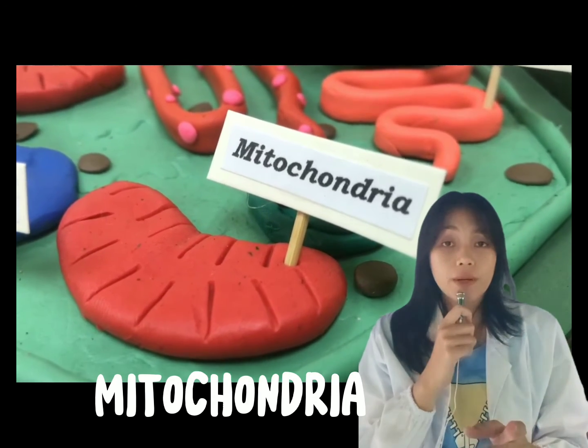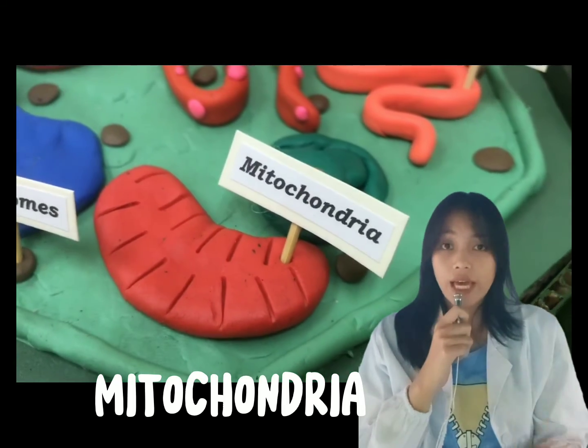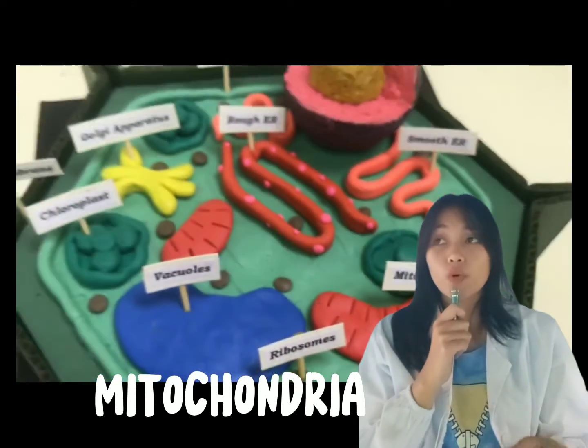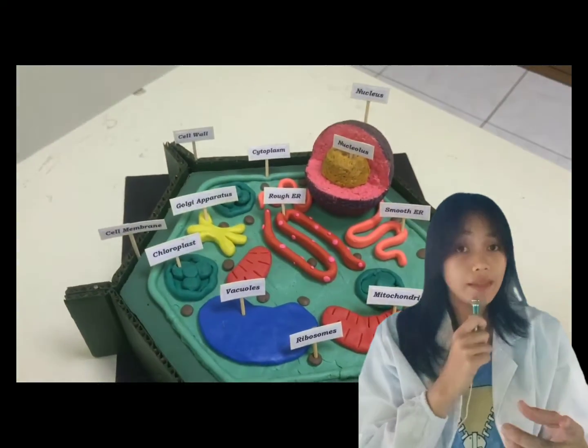Hindi lamang energy ang kayang i-provide ni mitochondria, but it also plays an important role in programmed cell death, na kung saan ang mga cells na nag-act abnormally ay pinapatay nito to prevent these abnormal cells from harming the plant or interfering with its growth and production.